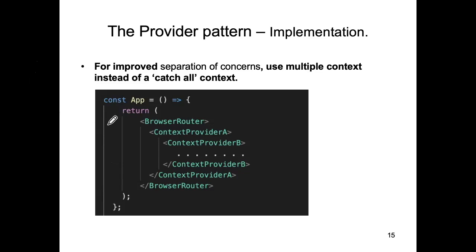And so if you do have multiple contexts and consequently multiple context provider components, then you would see them nested like this in your routing configuration. So this might be responsible for sharing one particular aspect of shared data, whereas this is concerned with sharing another part of the overall application's data model. That's considered a good design rather than a bad design. A poor design would be just to lump everything into one context.